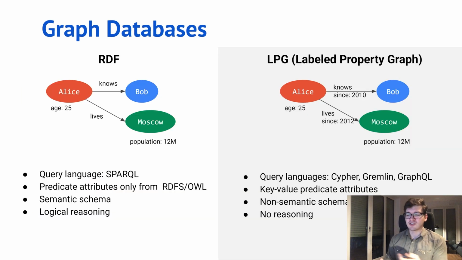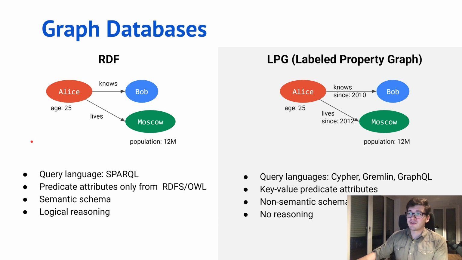So how do we actually store and query those graphs? For that we use graph databases, and there are 2 competing approaches for it. The first one is RDF graph databases, and the second one is labeled property graph databases. They both allow to store and query graphs, but there are some important differences.